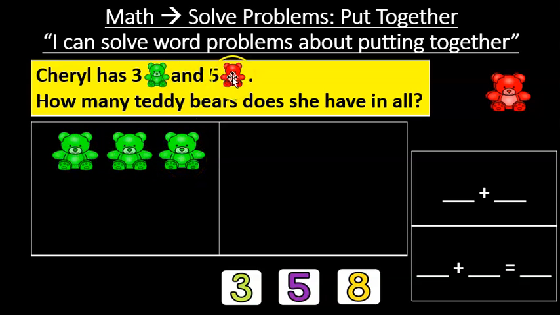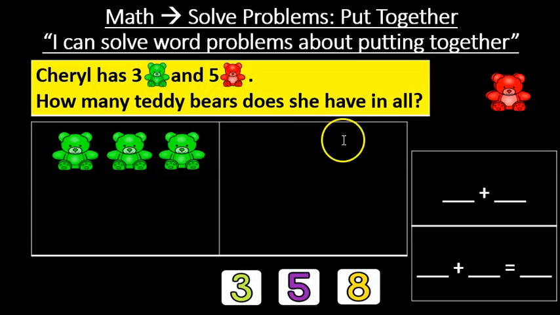Now, we have to keep reading, okay? Because we need some more teddy bears on this side. Let's keep reading. Let's start from here again. Cheryl has 3 green teddy bears and 5 red teddy bears. Now, boys and girls, how many red teddy bears does Cheryl have? 5.